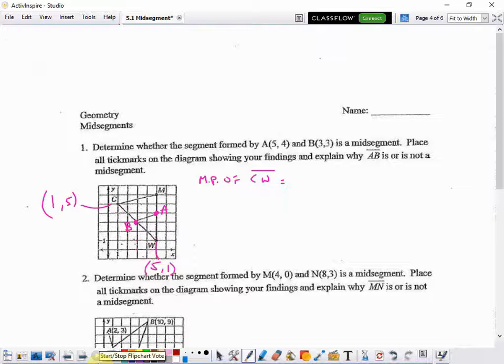The midpoint is the sum of the x's over 2. It's 1 plus 5 over 2. And then the sum of the y's, 5 plus 1 over 2. So that's 6 over 2 and 6 over 2. 6 divided by 2 is 3, so that's 3, 3. So that tells me that B is a midpoint.